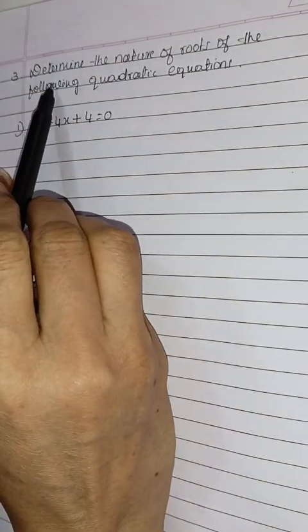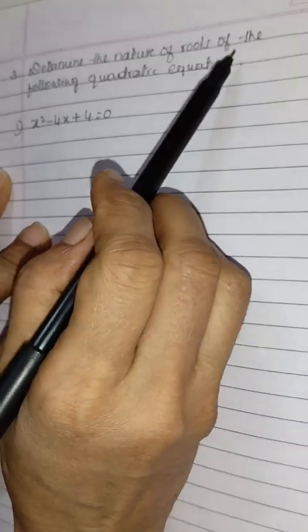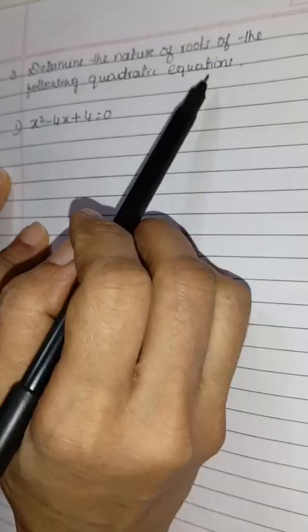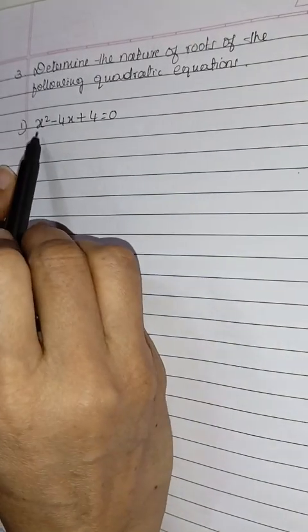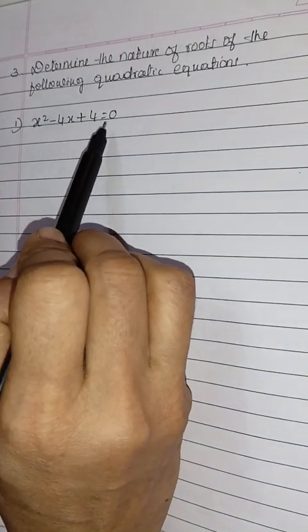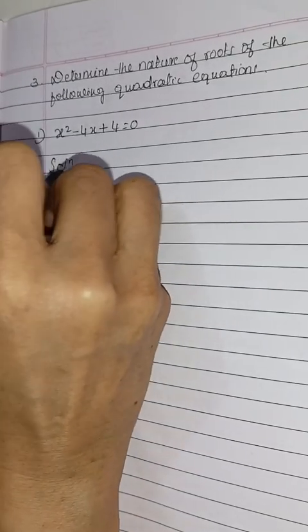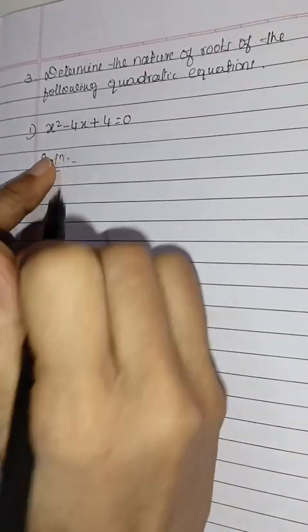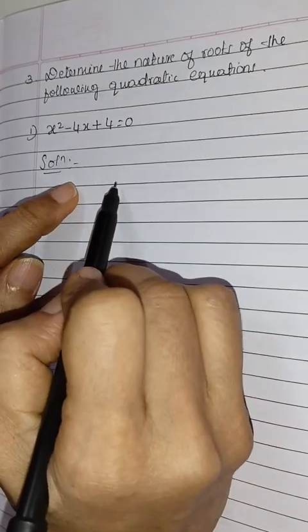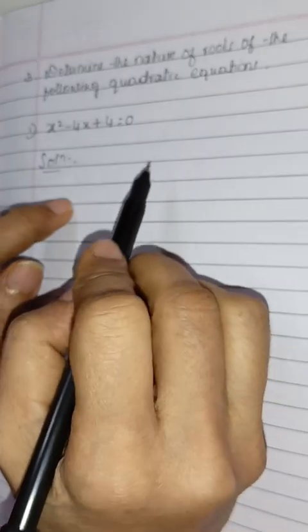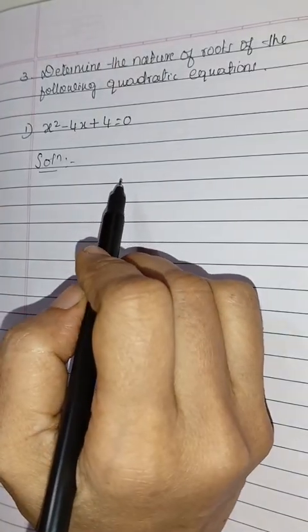Third one is determine the nature of roots of the following quadratic equations. Okay, same type. X square minus 4x plus 4 equal to 0. Solution is, we have to compare with our standard formula, write a, b and c value, then find the discriminant delta.